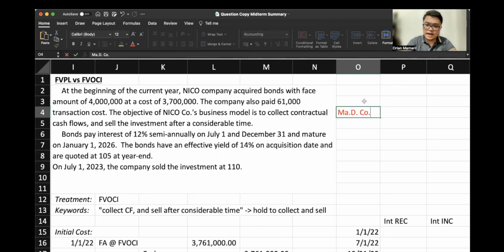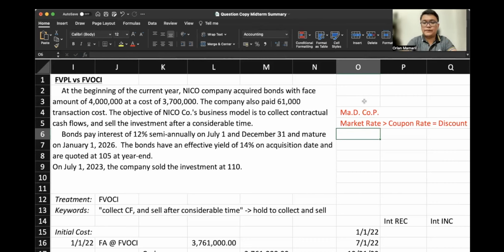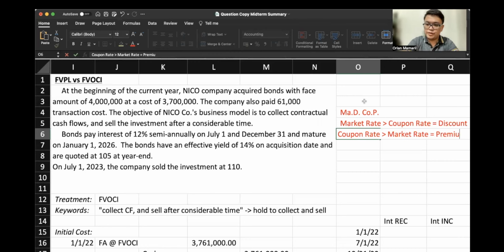What do we mean by that? For MAD, if the market rate is greater than the coupon rate, there is a discount. Right? Market is bigger, discount. MAD. For cup, if the coupon rate is greater than the market rate, there is a premium.